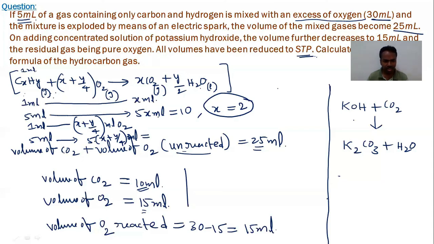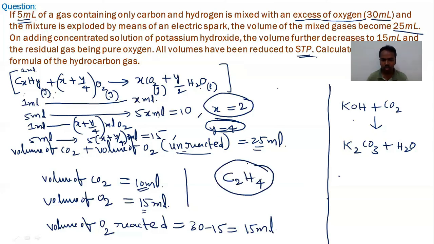The volume of O2 reacted with the hydrocarbon is 5 into (x + y/4), which is equal to 15. If you substitute the value of x here, y is equal to 4. So x value is 2 and y value is 4. Then the molecular formula of the hydrocarbon is C2H4. So these are the IIT level, IIT model questions in volume relationship. So thank you for watching.